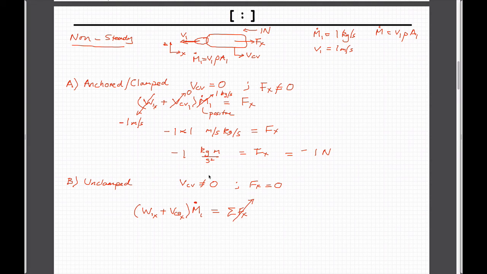We've said this is 0 by definition. If that's the case, then because these have to sum to 0 individually, W1x has to equal the negative velocity of the control volume.